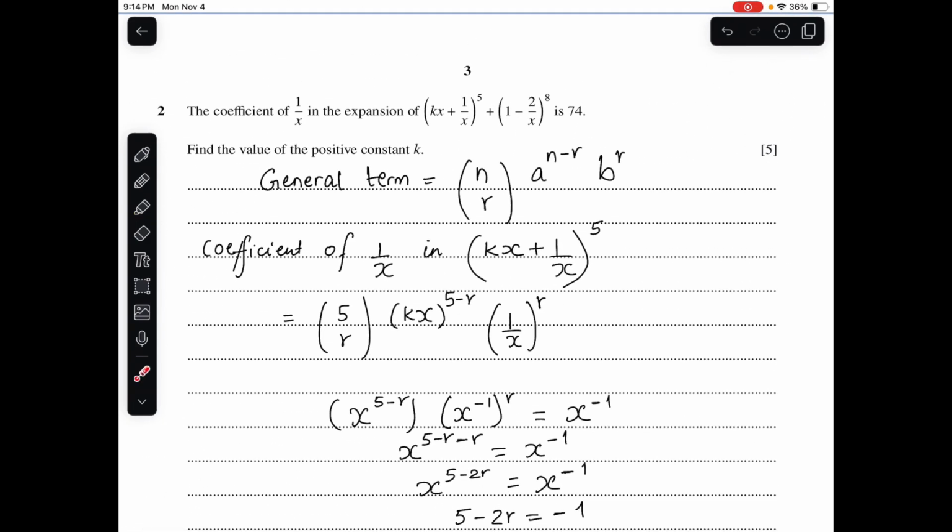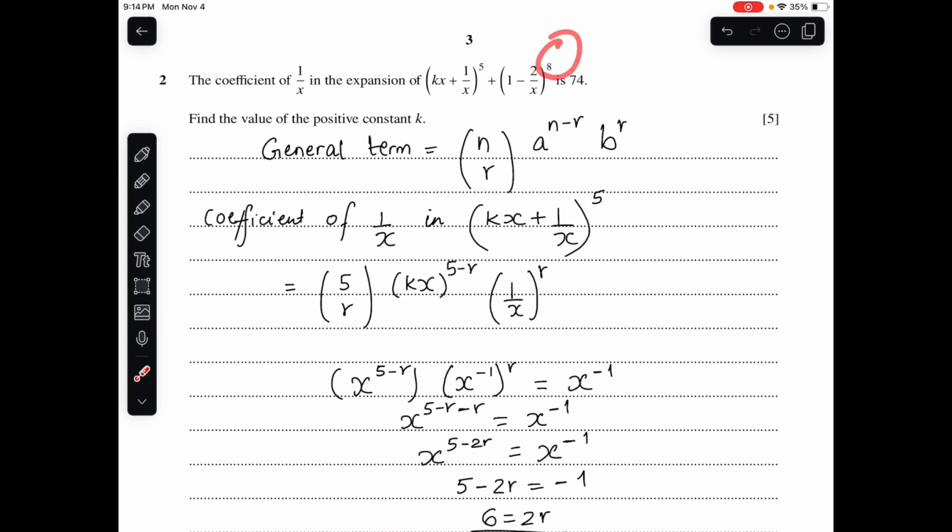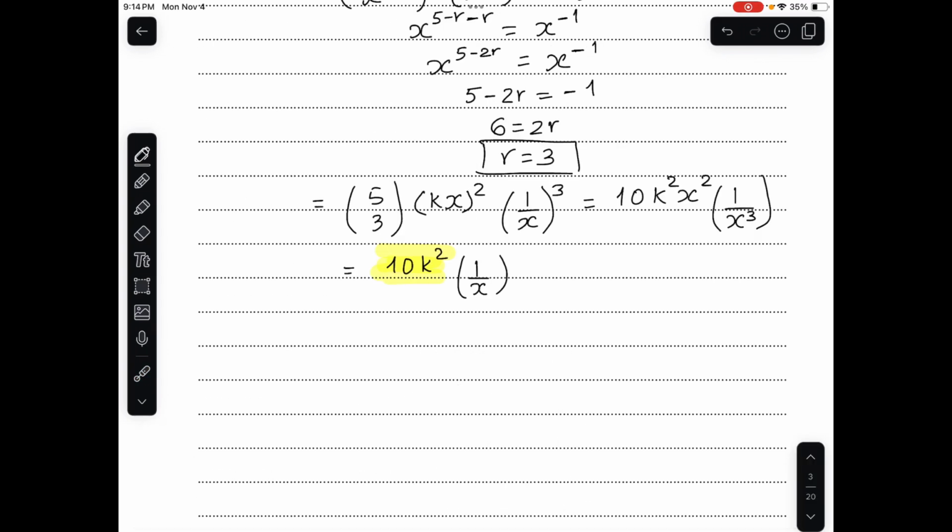Now let's go ahead and try to calculate what is the coefficient of 1 over x in the second expansion. This is going to be easy because here we are having only one x, so it's going to be much easier to calculate the coefficient of 1 over x. So again we set up in general term. So we have the power is 8, (1 - 2/x)^8.